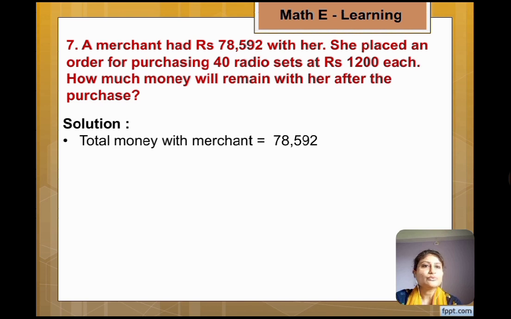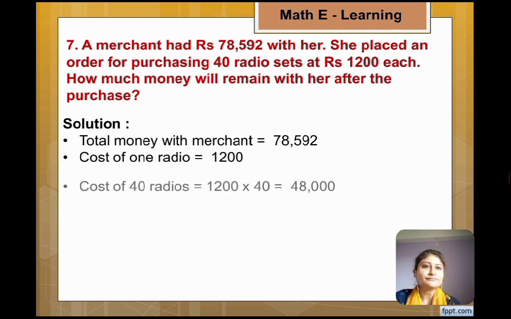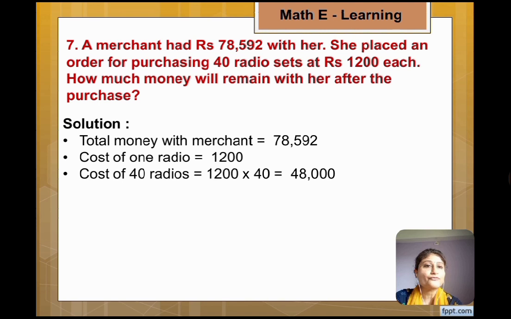Total money with merchant is equal to 78,592. Cost of one radio is equal to 1,200. Therefore, cost of 40 radios is equal to 1,200 multiplied by 40 is equal to 48,000. Money spent by her is equal to 48,000.